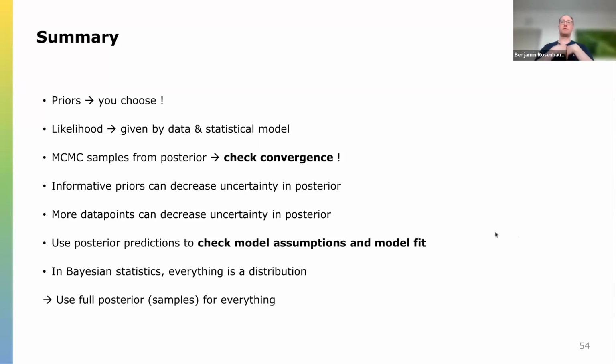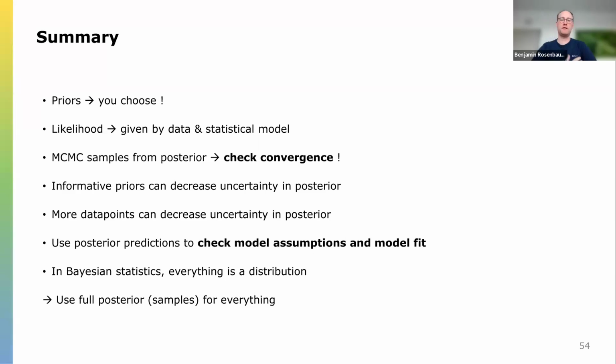At first the posterior is just a collection of samples of model parameters. But with these, you can go on and derive other quantities from it. You can make predictions, you can calculate R squared, you can compare predictions of different groups or whatever. And all you do there will be a distribution.